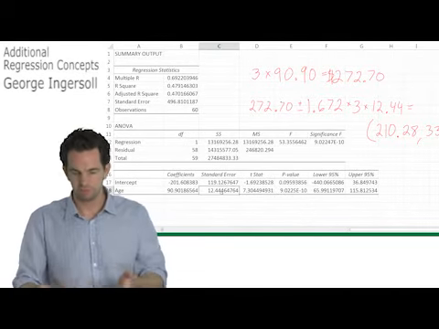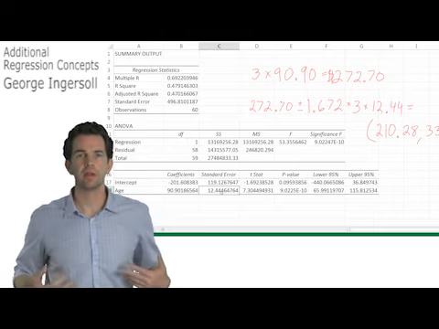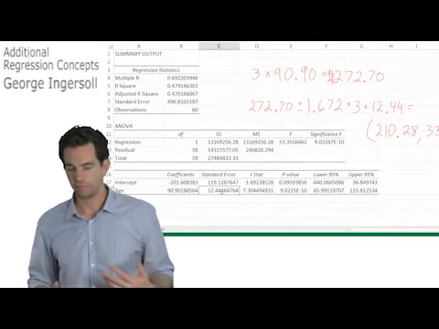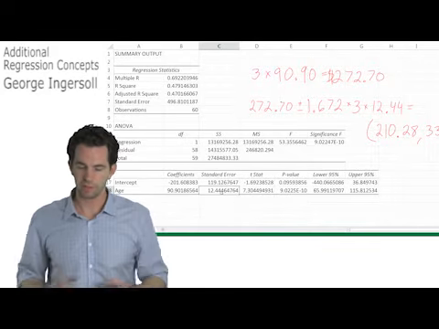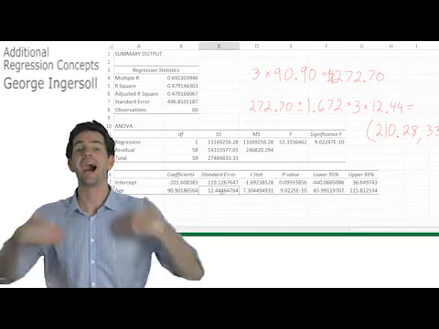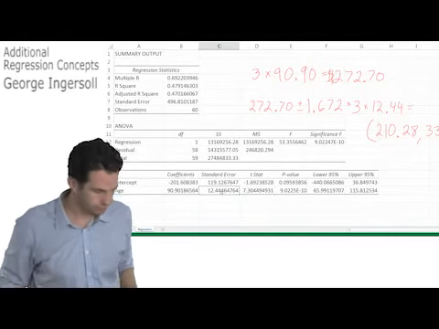So to put this into common sense terms, this means that 3 years from now we can be 90% confident that your repair bill for the year will be somewhere between $210 and $335 higher than it is now.